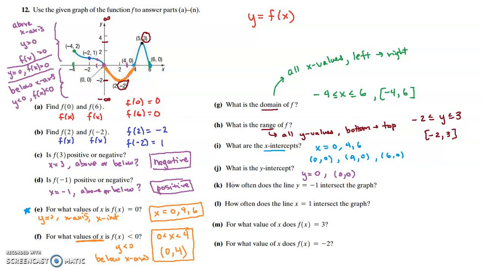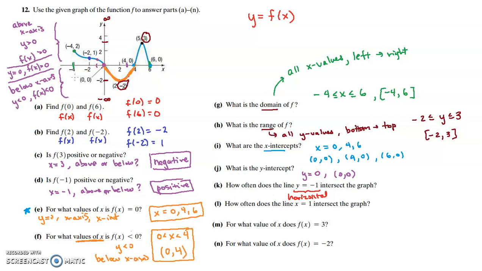Next, part K, how often does the line y equal -1 intersect the graph? You should remember this from the days of yore when you did lines in other classes, that this is a horizontal line. This is a horizontal line at -1.